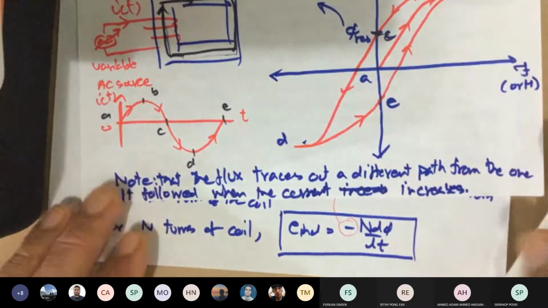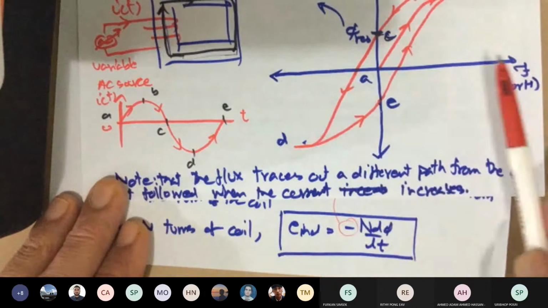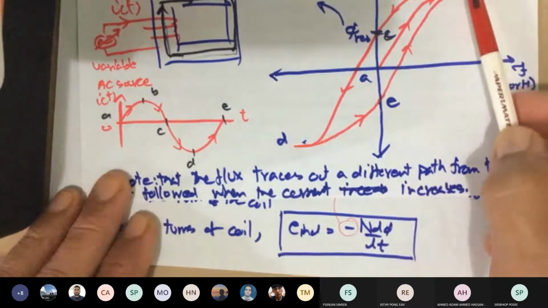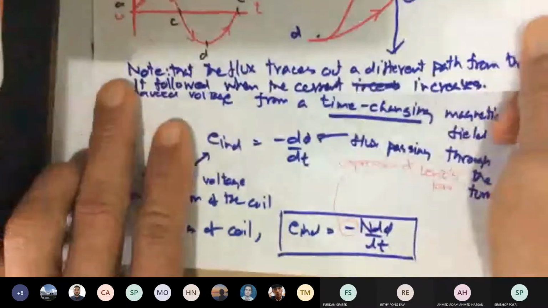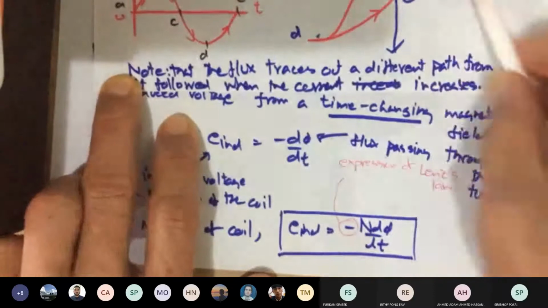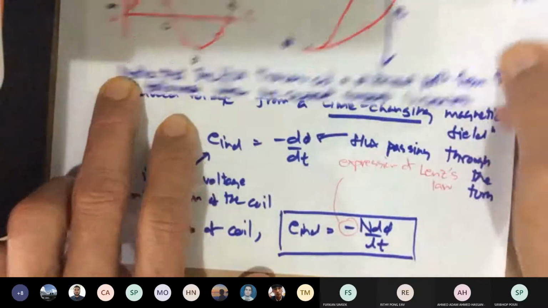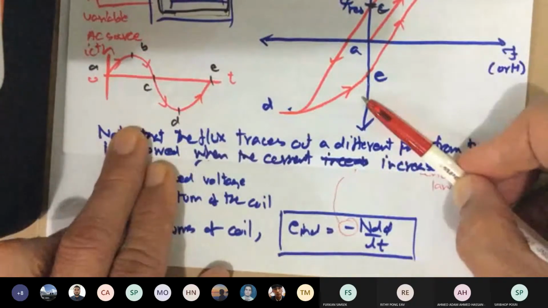It will form a loop. It will never come back to point A again. Okay, so this is what we call a hysteresis loop. So this is how the BH curve of all 4 quadrants is formed, and the red loop that we see, we call this hysteresis loop.